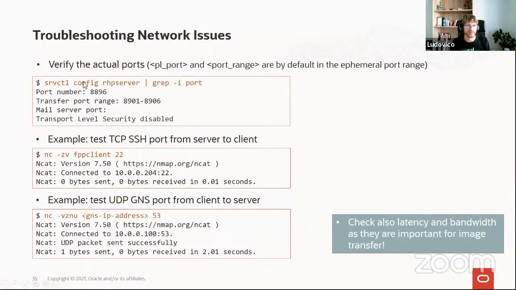You can get the ports configured with config RHP server and use Netcat or whatever other tool you like to check the open ports. Also check latency and bandwidth, because a lot of files are transferred, and if you have big latencies between the server and the target, it might not work properly and you can have timeouts.